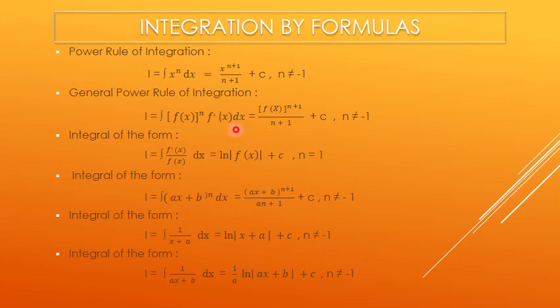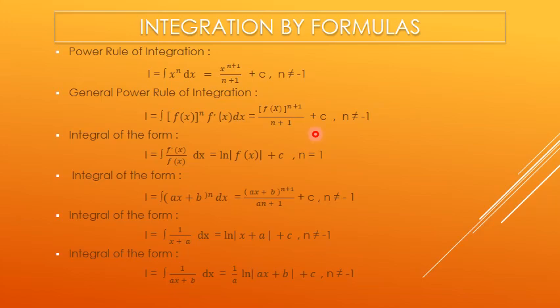Integral of the form: the integral of 1 upon x plus a dx equals ln mod x plus a plus c, and n is equal to -1. Here you have to know that 1 upon x plus a actually shows the logarithm function.